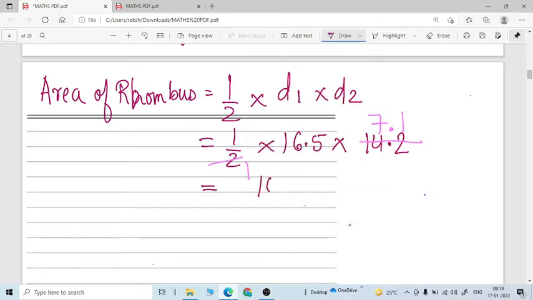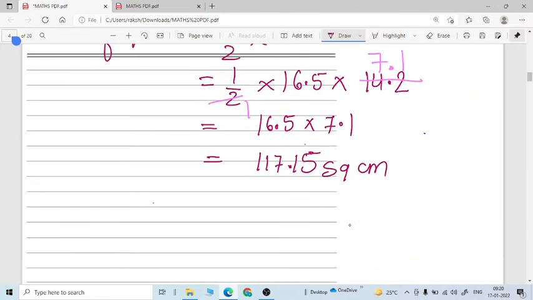Now 16.5 into 7.1. Students, calculate and write in the chat section. Yes, that is 117.15 centimeter square, or square centimeter.